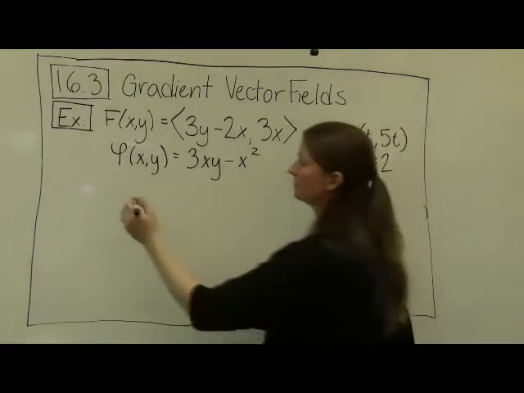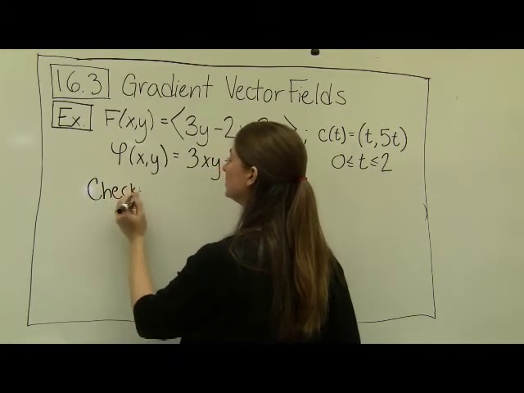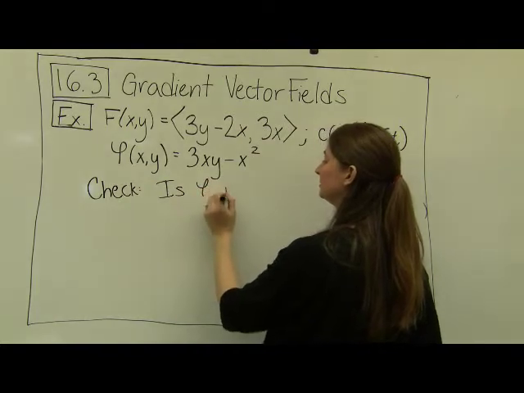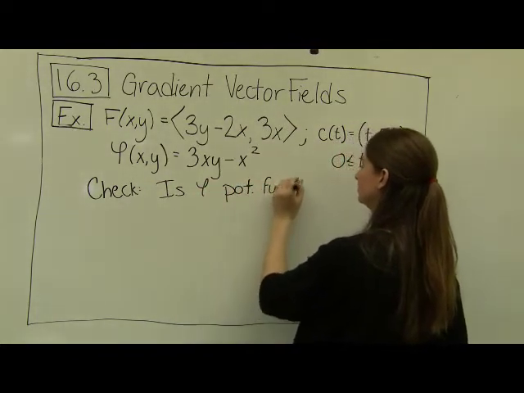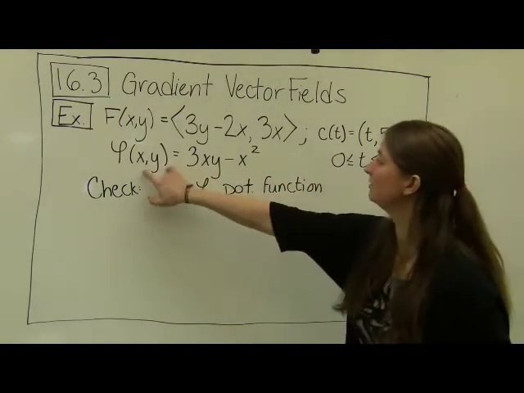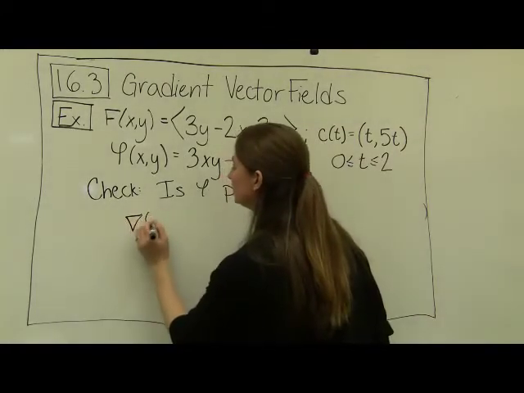So the first thing that we might want to do is to check and see whether or not phi is actually the potential function. This is sort of a review. What does it mean to be a potential function? It means that the gradient of phi has to be equal to f. So let's go ahead and compute. What is the gradient of phi?